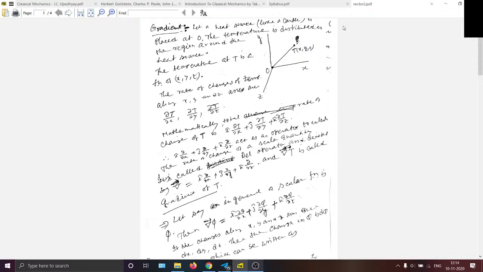Depending on the coordinates, the temperature of that point may be different. So if you go from that point to some other point, how can you calculate how the temperature changes?